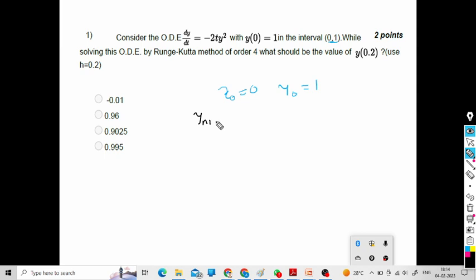So anybody got the values of k1, k2, k3 and k4?